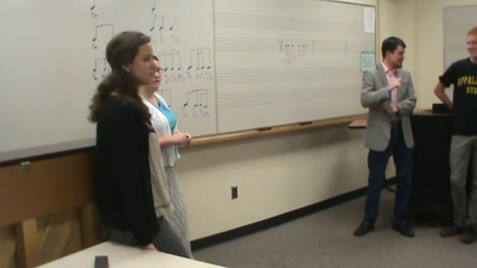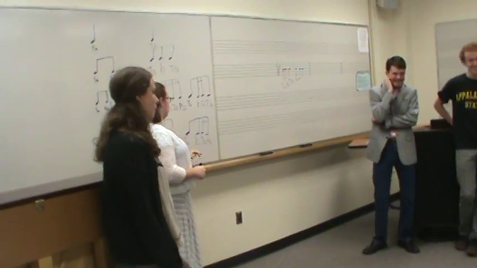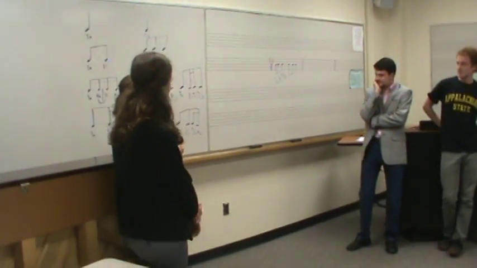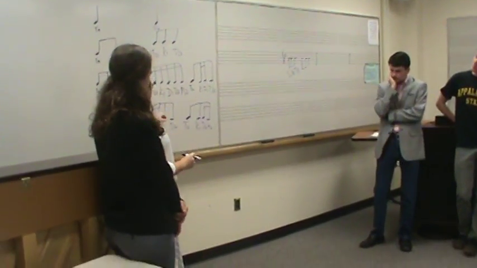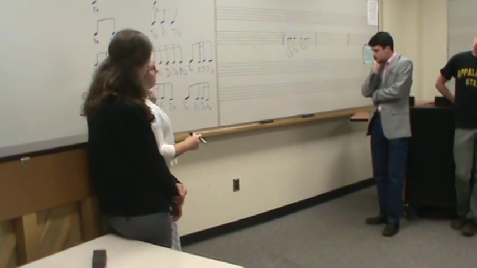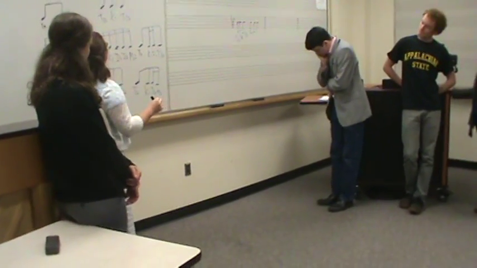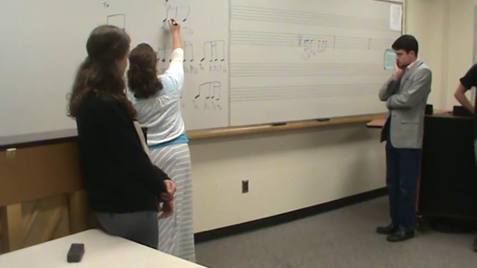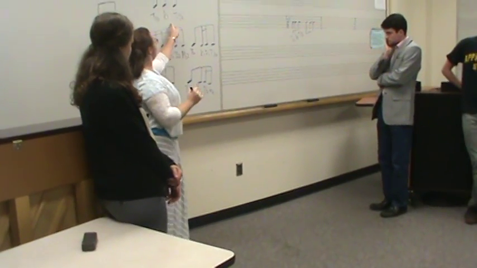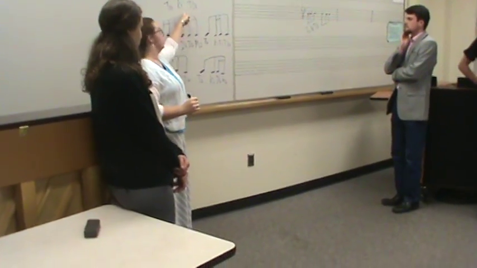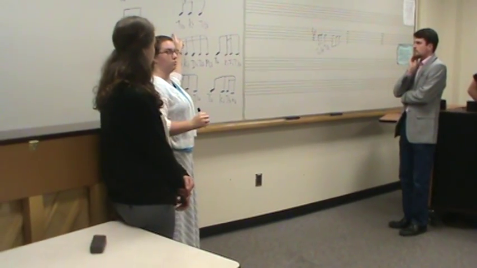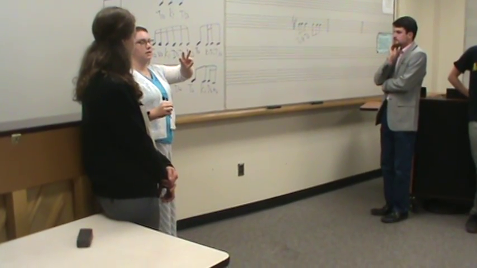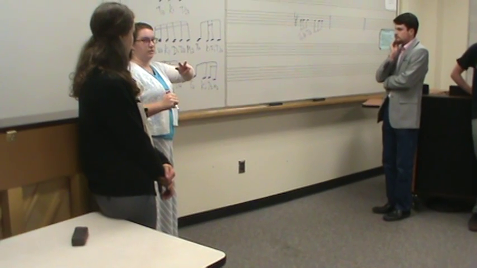Yes, ma'am? I don't understand how we figure out what syllables to put. Okay, so the best way to think about it that I have found works for me is that these eighth notes are always going to be consistent in compound meters. And compound meters mean we have 3 eighth notes in subdivisions, right?